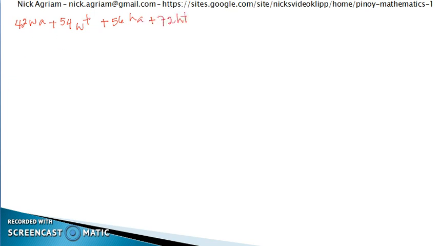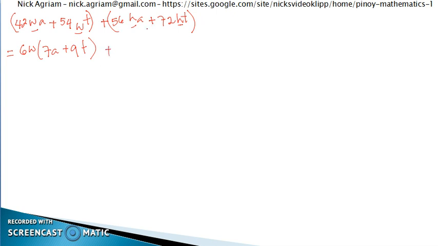Okay, I will do the traditional. I will group this and then I will group that. They have the same W, the same H. We have now 42 and 54. We can take 6, so we have 6W times 7A plus 9T.